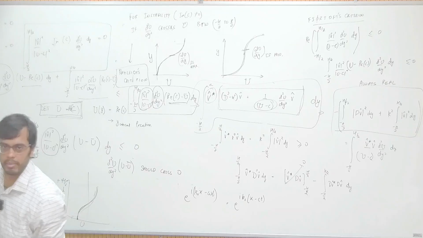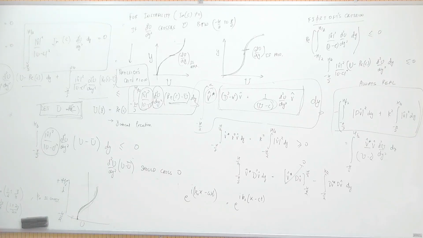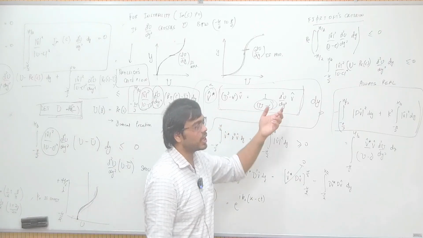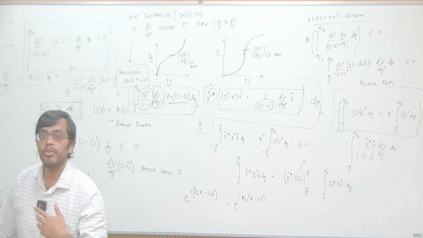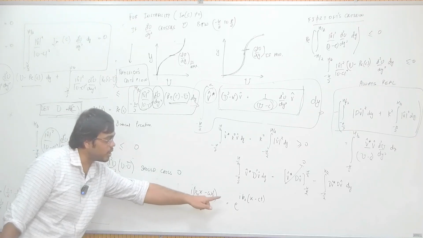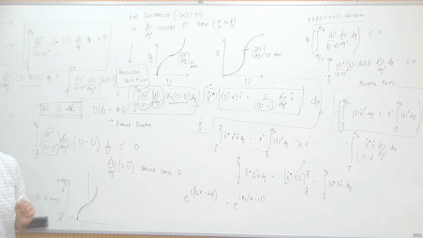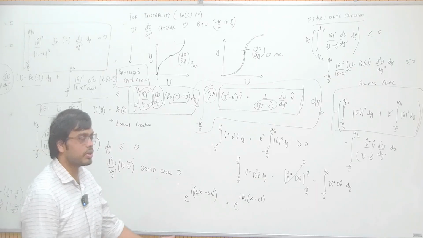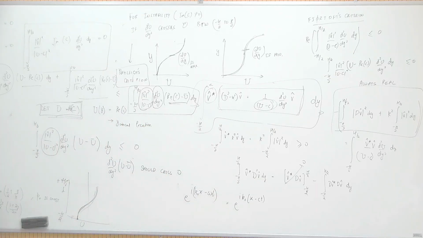So neither of them can be sufficient. They will be necessary because the perturbations have to satisfy the governing equations, but for sufficiency you need to have a positive imaginary part in your C. Only then can you say for sure that this is instability. Why should it be positive? Because there will be exponential growth in time.